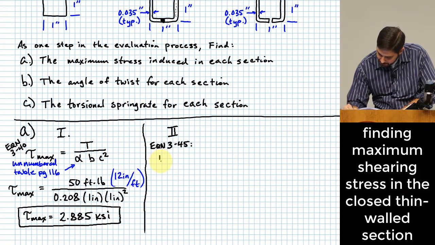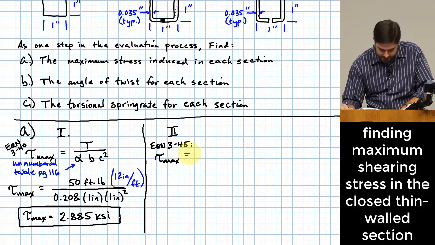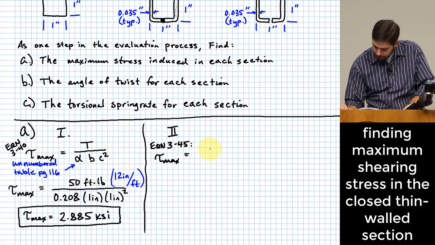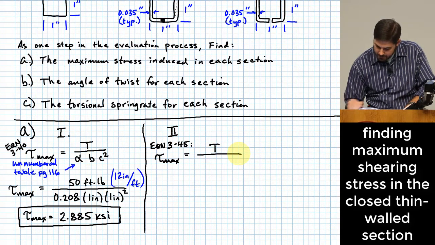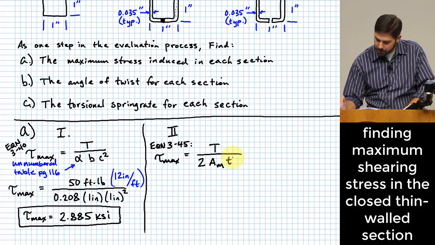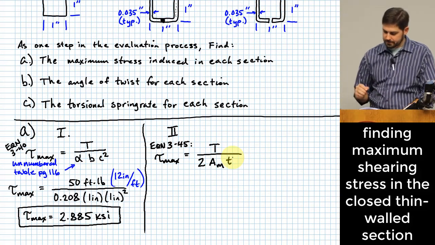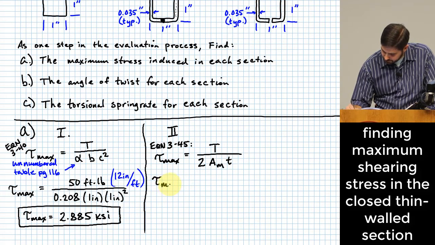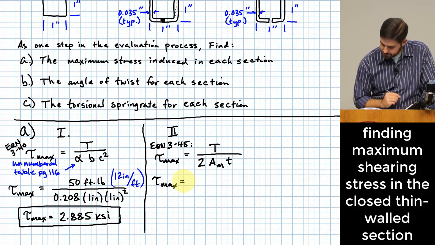Equation 345 says that your maximum shearing stress is going to be equal to the torque applied divided by 2 times the area enclosed by the median line times the thickness of the cross section. Okay.